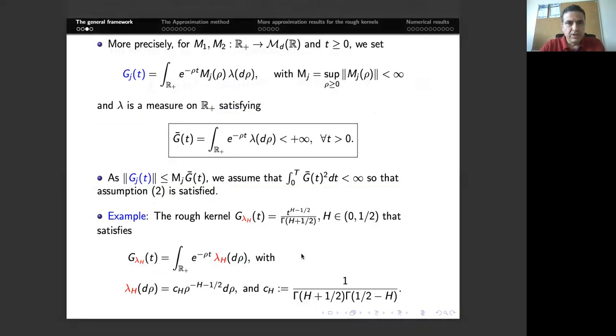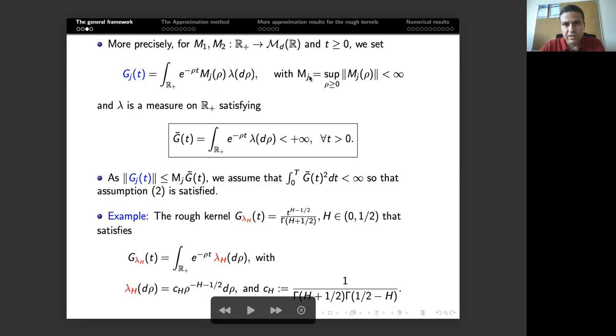So let me be more precise. For this study, we will focus on specific kernels that can be written in this very particular form. They can be written as a Laplace transform of some positive measure here, lambda. As we considered d times d dimension, we can also have some dependence on rho through matrices M1 and M2 to make the kernel as general as possible.